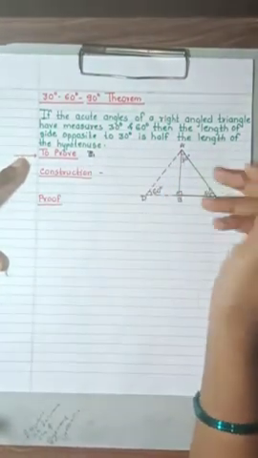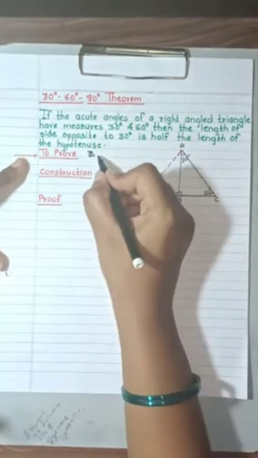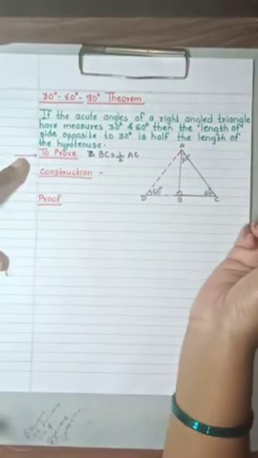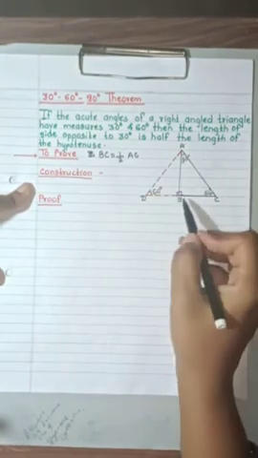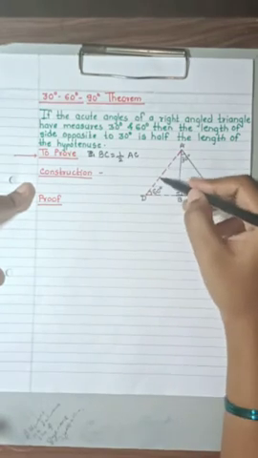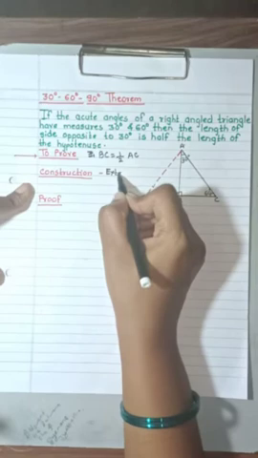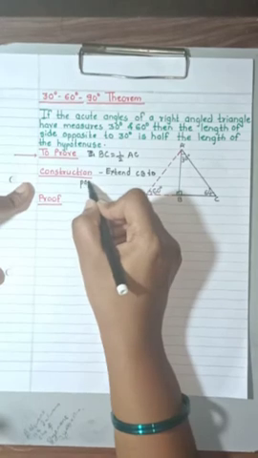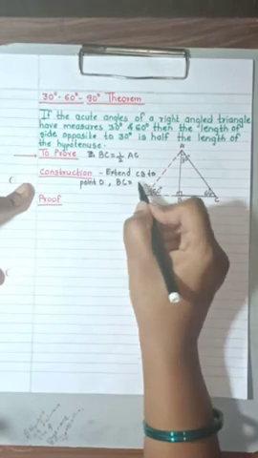What you are going to prove is that side BC is equal to half of AC. Now in construction, we are going to extend side CB to point D, and we have joined point D to point A. So I'll write down here: extend CB to point D such that BC is equal to BD.